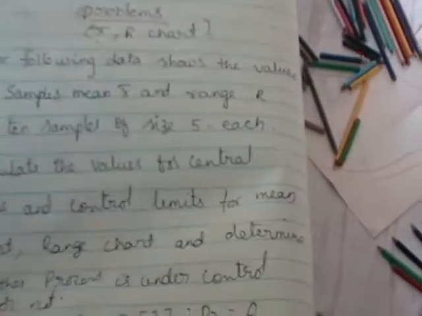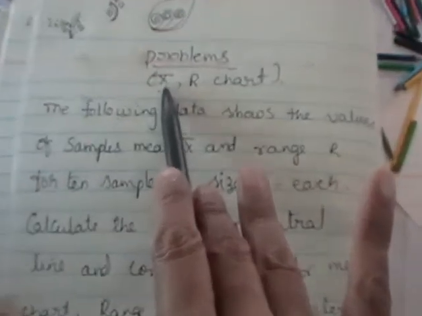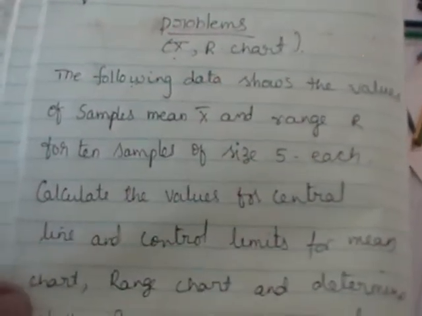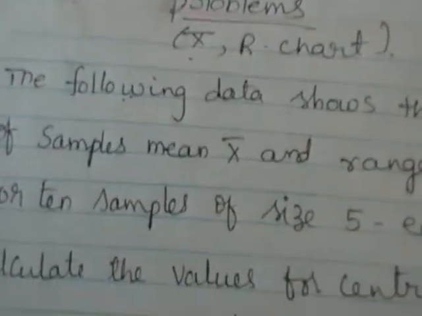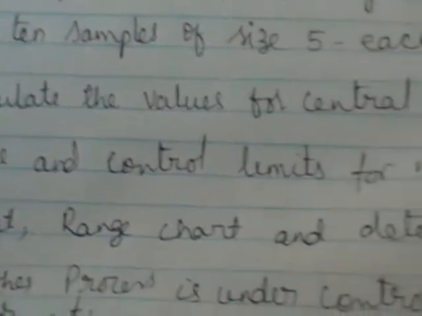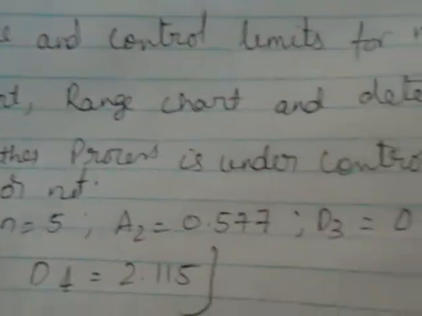To understand the procedure in a better way, let us consider this problem. Here the problem is on control chart x bar, mean and range. The following data shows the values of 10 sample means and corresponding range R. Calculate the values of the central line and control limits for mean chart and range chart, and determine whether the process is under control or not.